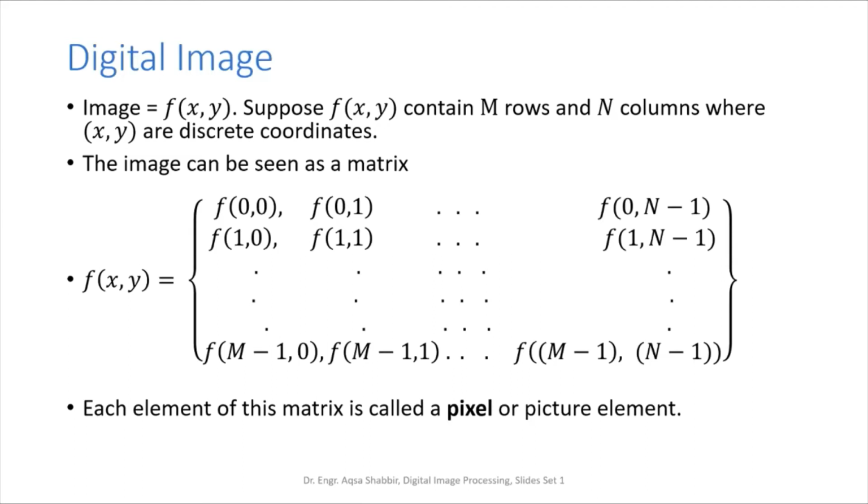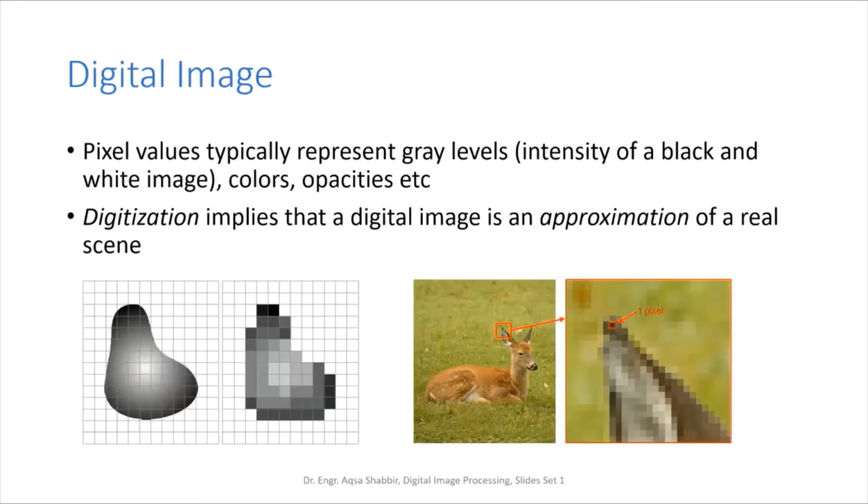Now, each of the elements of this matrix, for instance, this first element, f of 0, 0, or possibly this last element, f of m minus 1, n minus 1, is called a pixel or a picture element. In case of a black and white or a grayscale image, the pixel value represents the intensity. And in case of a colored image, the pixel value represents the color intensity.